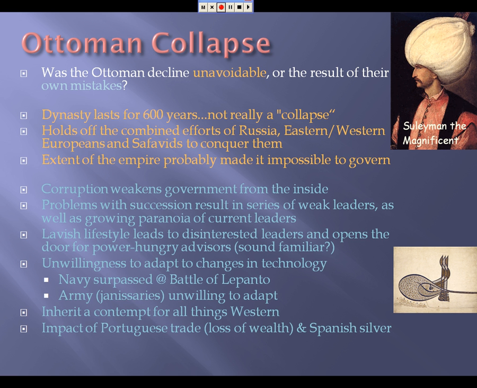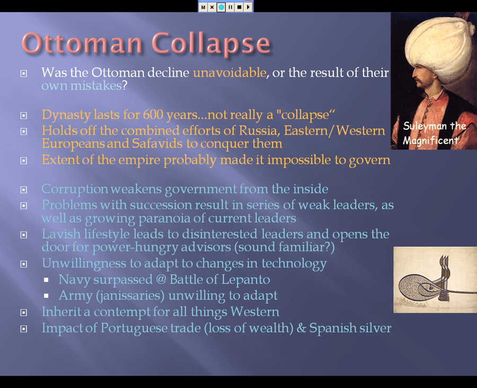Like your reading quiz talked about, the Ottomans have serious issues with succession. And there's actually a great story that will put this into stark relief for you. The guy that we were just talking about with the awesome turban, historians agree this man was a certifiable genius with an IQ well above 140.